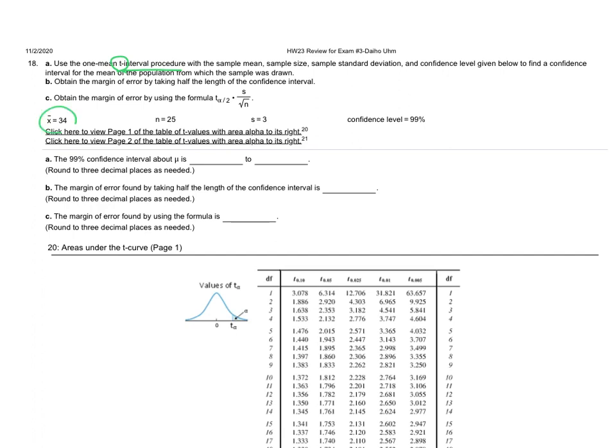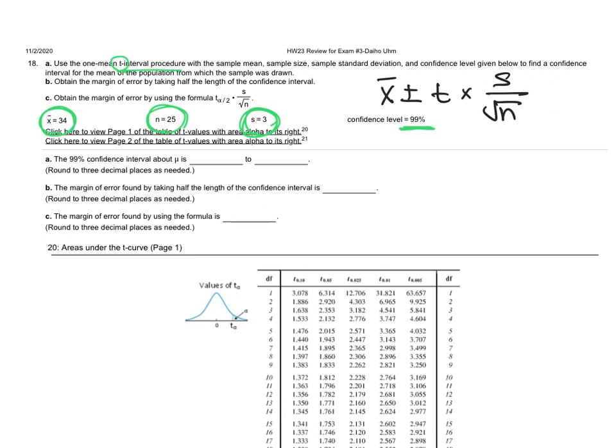Here's a mean, sample size, and the s, the sample standard deviation, and here is a 99% confidence level. So now the formula is x bar plus or minus the t-score times s over square root of n. So the others is no problem.